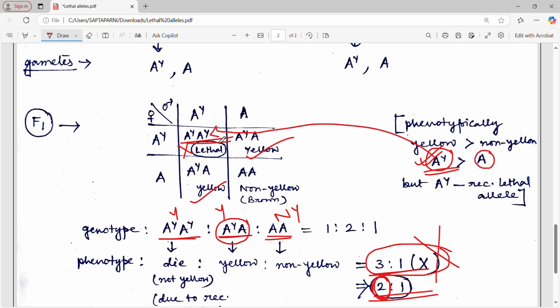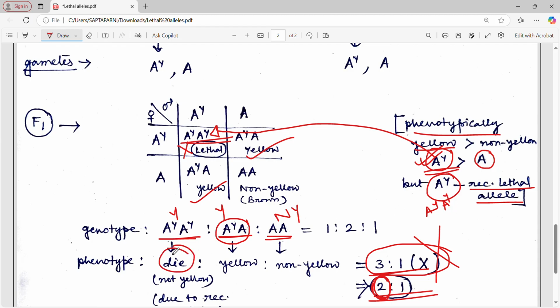Then it was found that the explanation was that A^Y, though it is a phenotypically dominant allele, is actually a recessive lethal allele. That is why in homozygous condition A^Y cannot survive and this progeny dies.